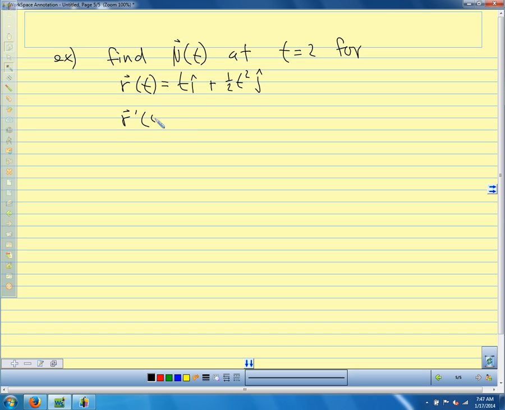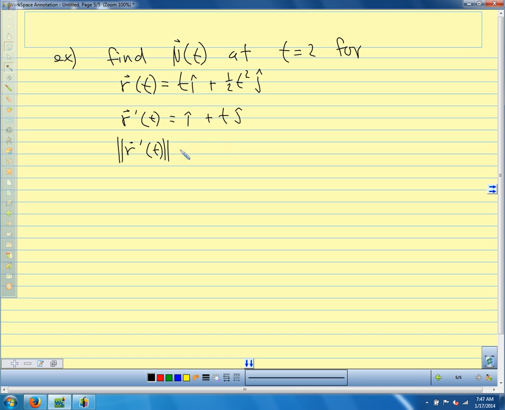We need r prime. r prime of t is i plus t j. And then we need our magnitude to find our unit tangent vector.